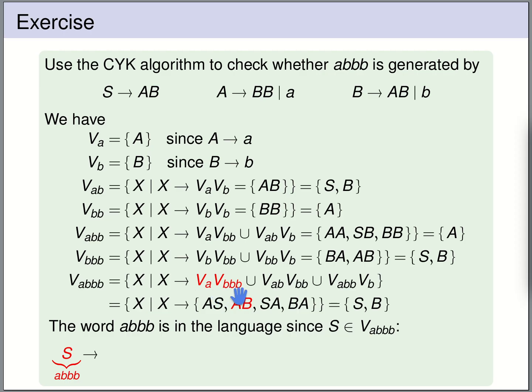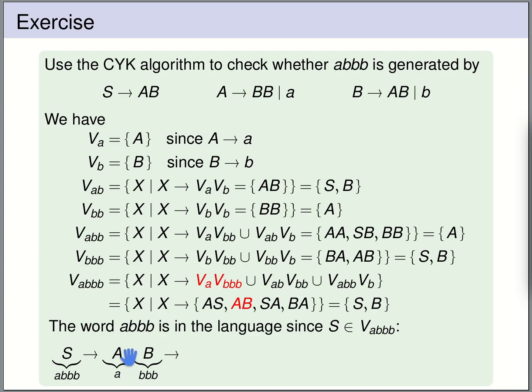So what can we derive from that? We know that we have to rewrite S to AB using this rule. And we know that A now has to generate A and B now has to generate BBB. That's what I'm indicating here, that we have now a variable A that will generate the terminal letter A and B will generate BBB.